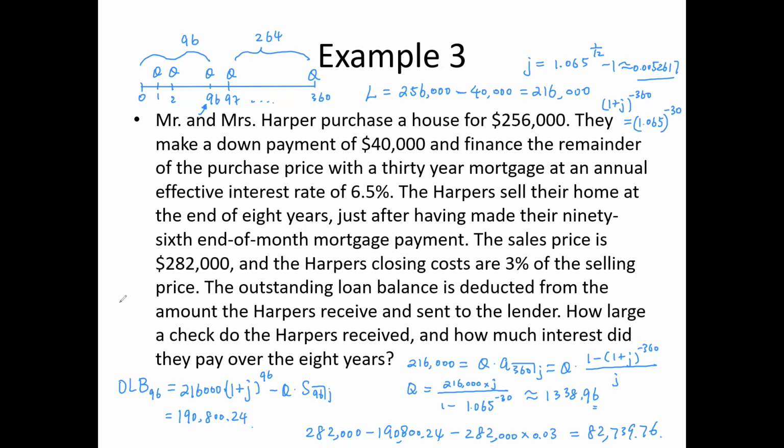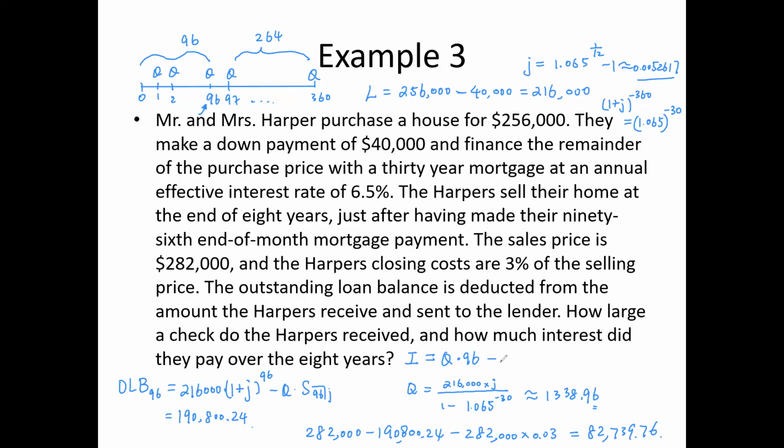There's one more question. How much interest did they pay over 8 years? The interest paid, let's put I here, is the total payments, which is Q times 96. That's what Harper's paid in 96 months.